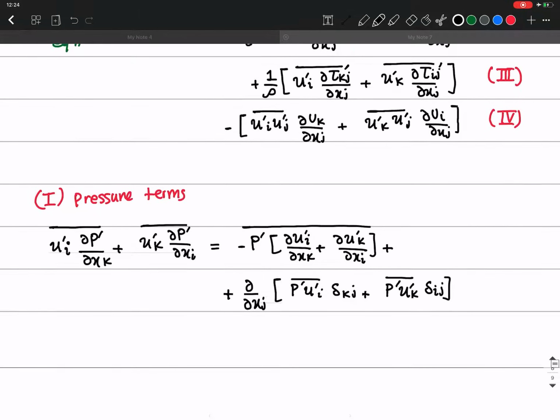Okay, so this term we call the pressure diffusion term.